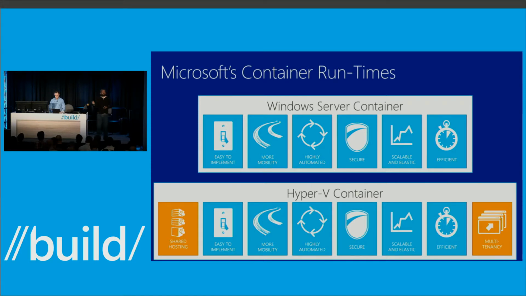It's just at runtime, I can flip a switch, or the operations person can flip a switch based on the policies of the company and say, I want to run that image as a Windows Server container, or I want to run it as a Hyper-V container. I get comparable benefits in terms of density, in terms of startup time, and all the other attributes that I have. Again, my workflow did not change at all. There was just one flag that changed saying, please make it more isolated. So that's essentially what we have done.